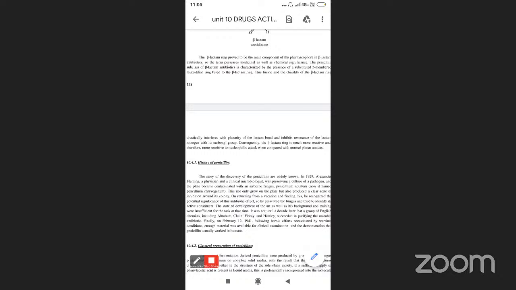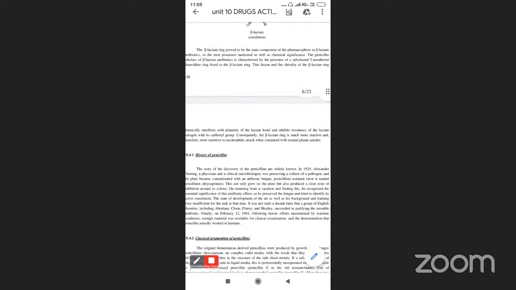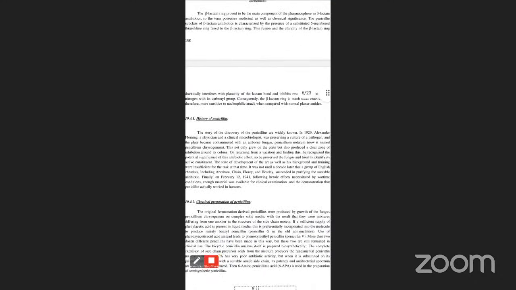Microbiologists will know this terminology, petri dish and culture. In 1929, he developed a bacterial culture and provided all the facilities for the bacteria to grow healthily.